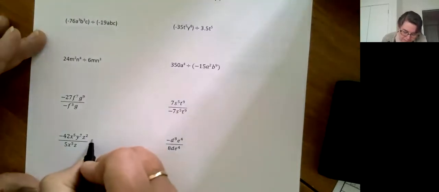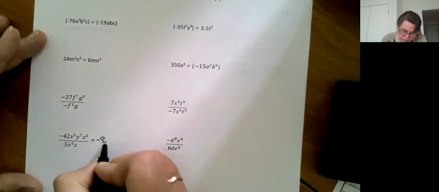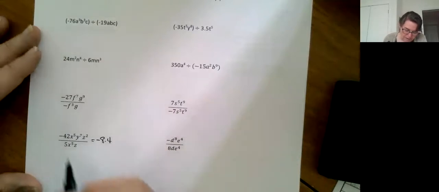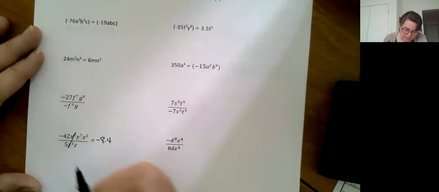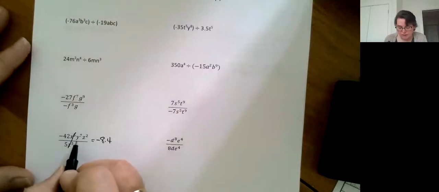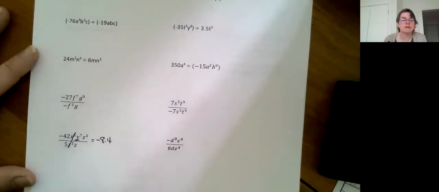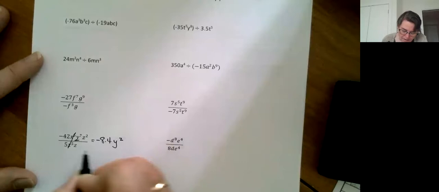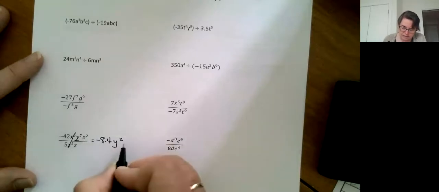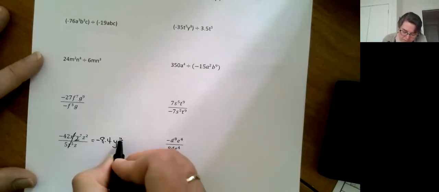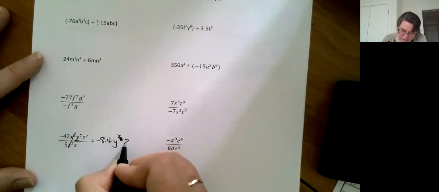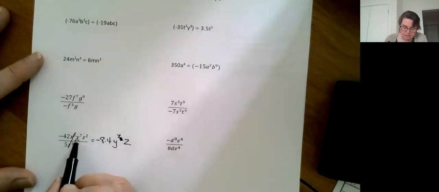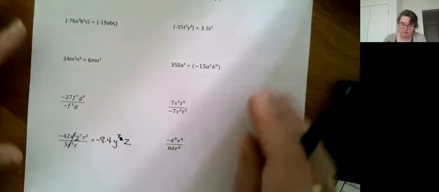So this is negative 8.4, x to the 5th cancels out. Now, this is what I was talking about. There's a y to the 7th up here, but there are no y's on the bottom, so you just bring them along. And then z squared divided by z is just z. So if it's on the top, there's nothing on the bottom, leave it there.